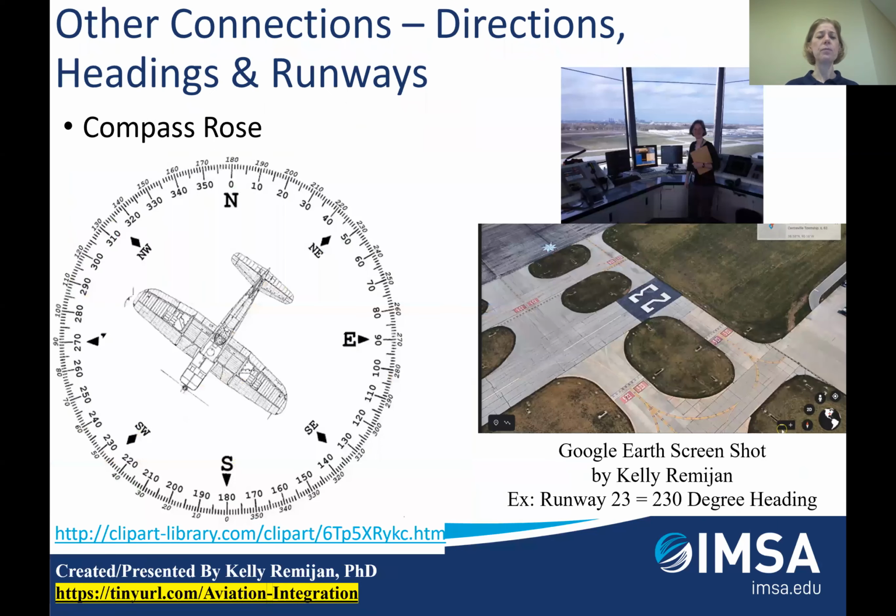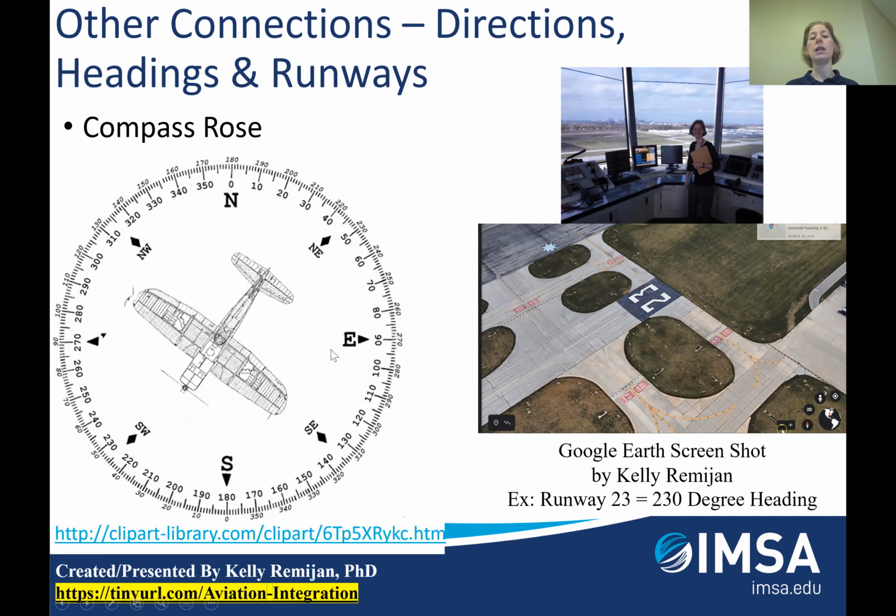When landing an airplane, air traffic controllers assist, and the idea of headings and runways come into play. And so no matter what level, if you talk about directions with north, east, south, and west, it's a great way to talk about directions in terms of numbers.